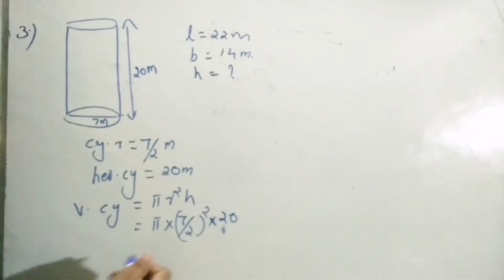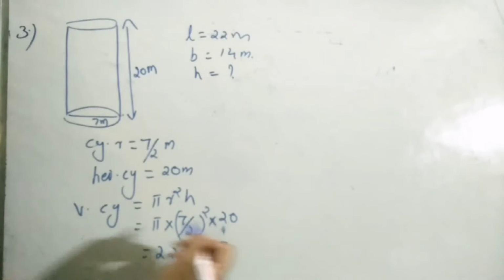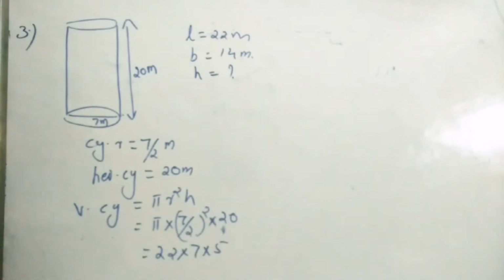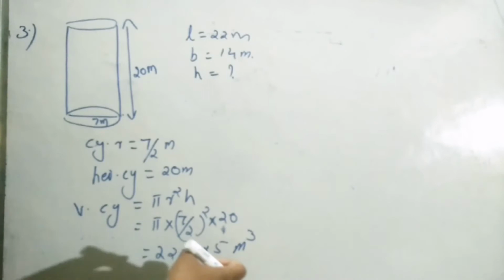And this we will get as 22 into 7 into 5 meter cube. This is the volume of the cylinder, or the volume of the earth dug out.